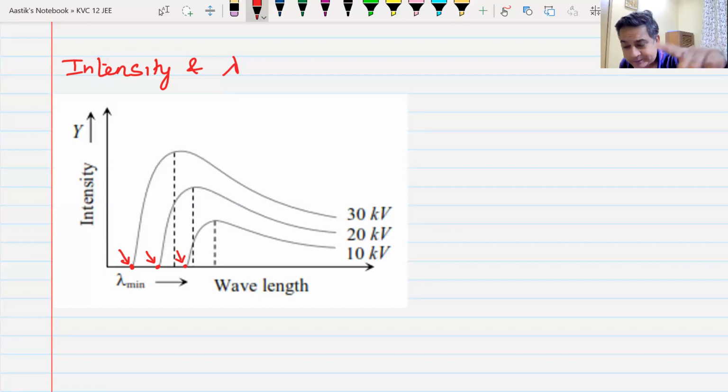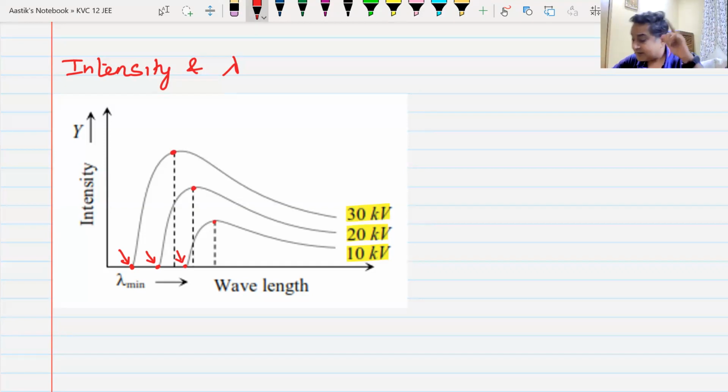Now here what I have plotted is the potential difference between cathode and anode. As you increase the potential difference, you can see lambda minimum is getting lower and lower. At the same time, the wavelength of maximum intensity is also shifting.